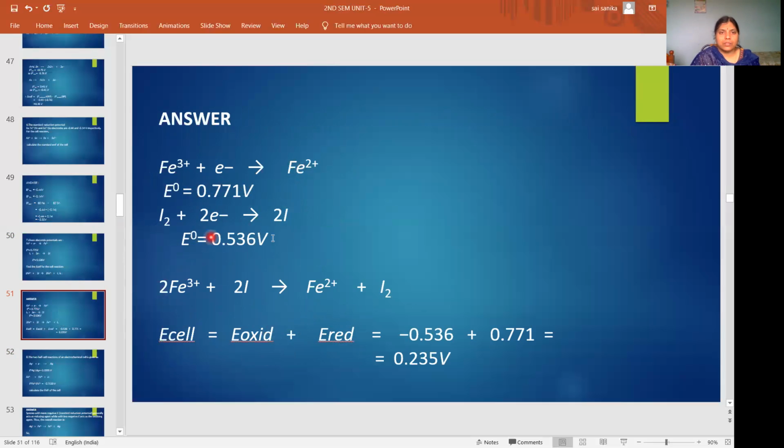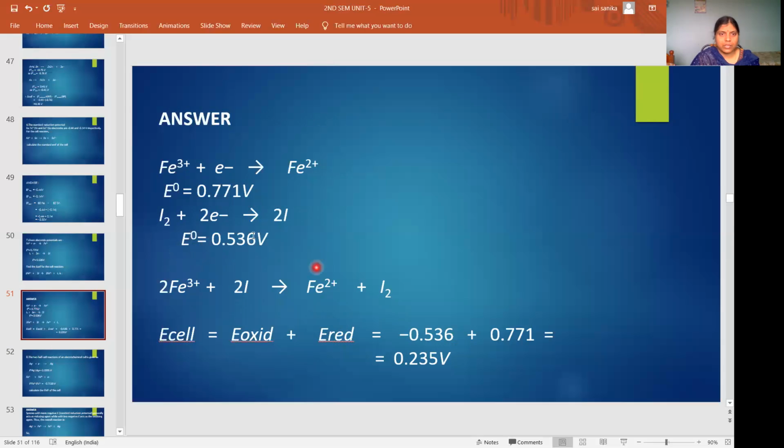Both values are reduction potentials, so among these two, whichever has the lower reduction potential, 0.536, is converted into oxidation potential.